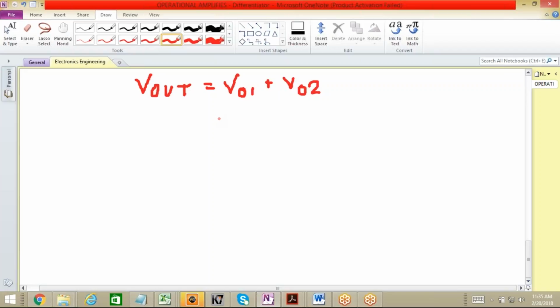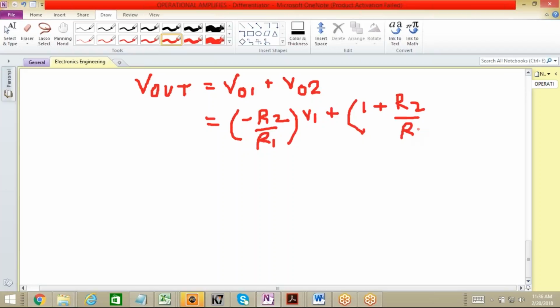Now, what are V01 and V02? These are minus R2 upon R1 into V1 plus 1 plus R2 upon R1 into V2. Fine.